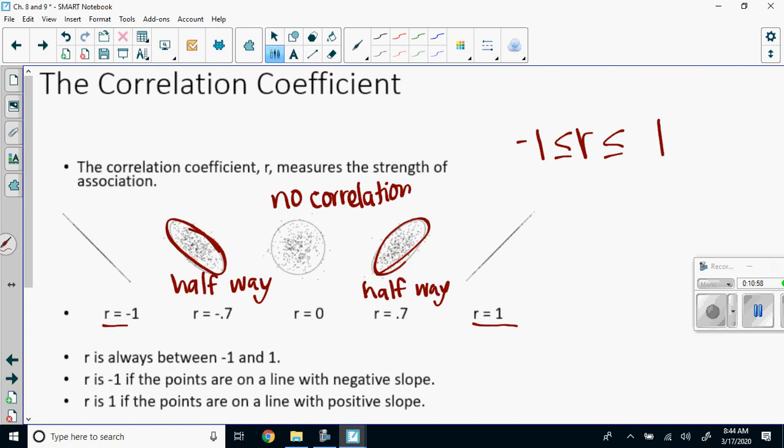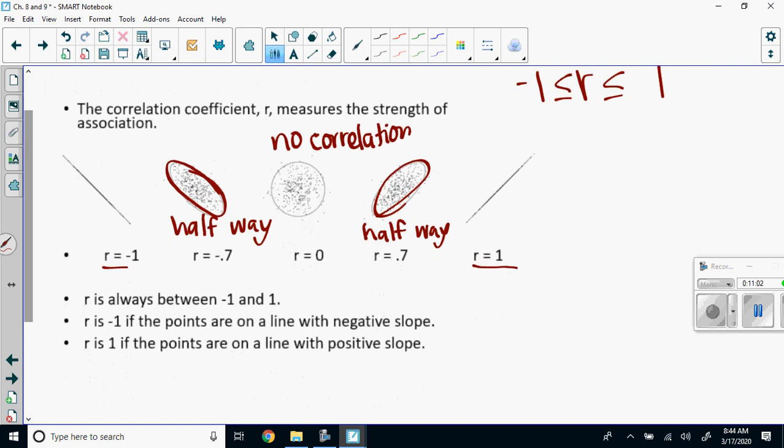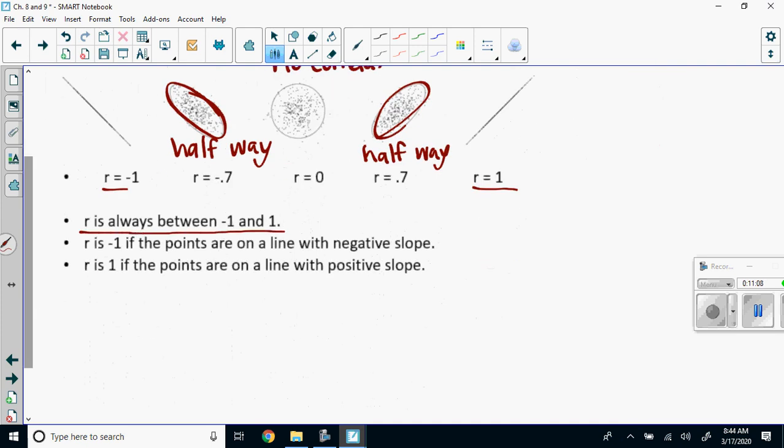It's not strong, it's not weak. You would call it a moderate correlation. So we just said R is always between -1 and 1. R is -1 means negative slope, +1 means positive slope, and it's an exact line if it's 1 or -1.